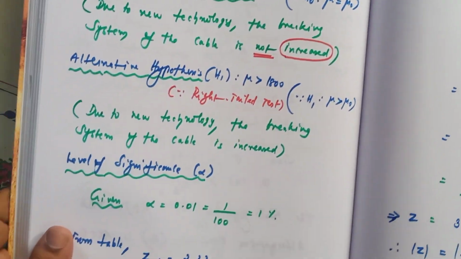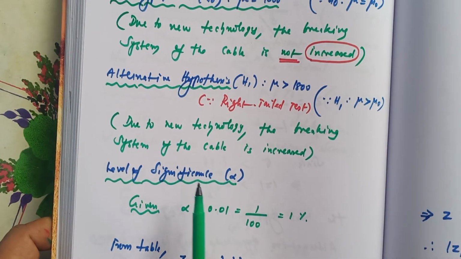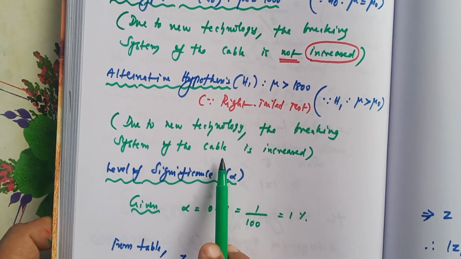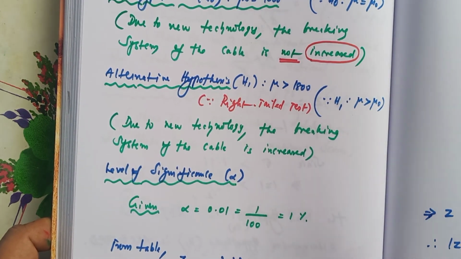So we are accepting only the alternative hypothesis. What has been given here? Due to the new technology, the breaking strength of the cable is increased.